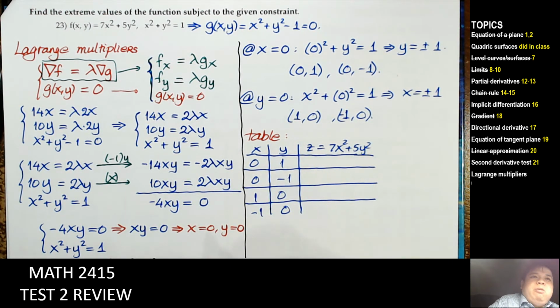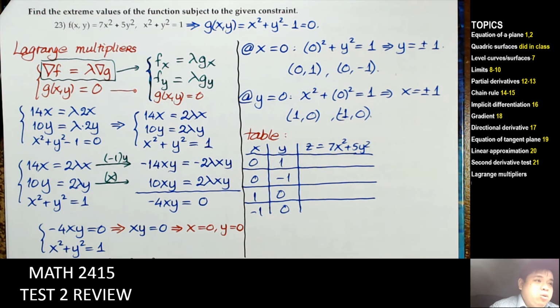Of course, this is very easy, but if you want to use a calculator, it's just a demonstration. We can use a calculator here.